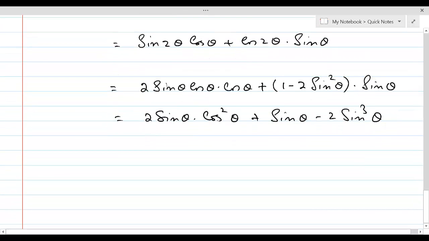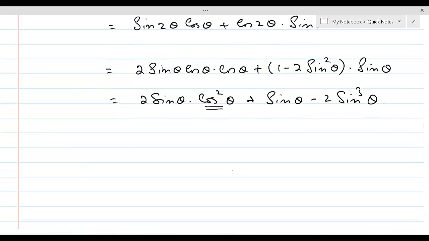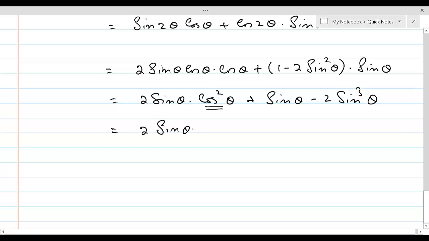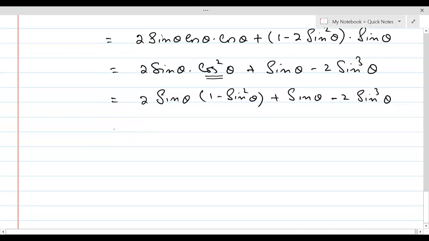Now you can see I have cos square theta here, which obviously I can convert into sine very easily by using the fundamental trigonometric identity. Therefore, this will be 2 sine theta into 1 minus sine square theta plus sine theta minus 2 sine cube theta. And now everywhere there is sine.